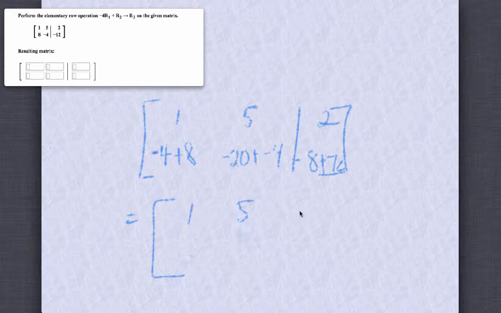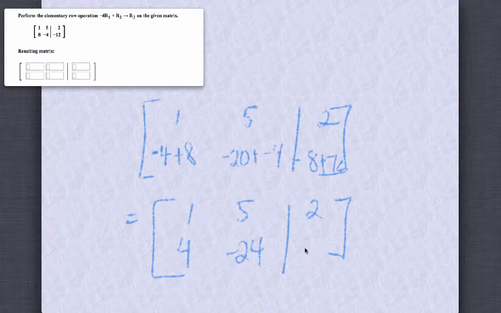So you get 1, 5, 2, 4, minus 24, and that was negative 20. So that's how you do the row operations.